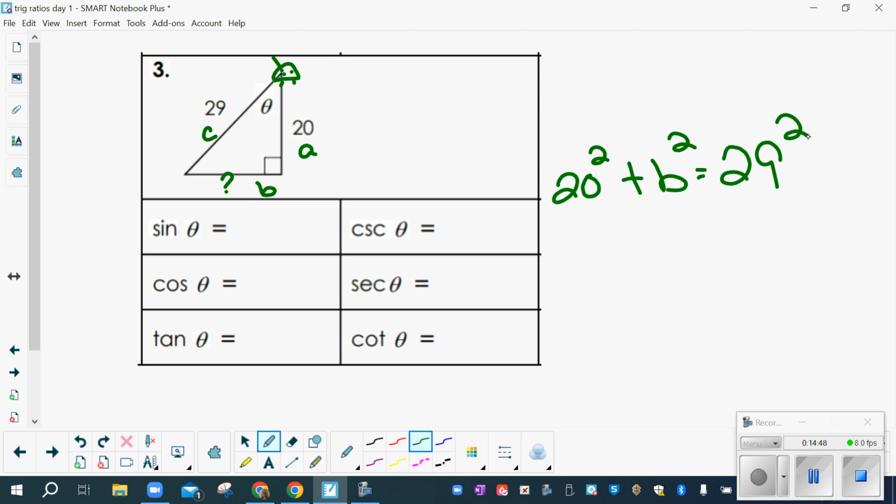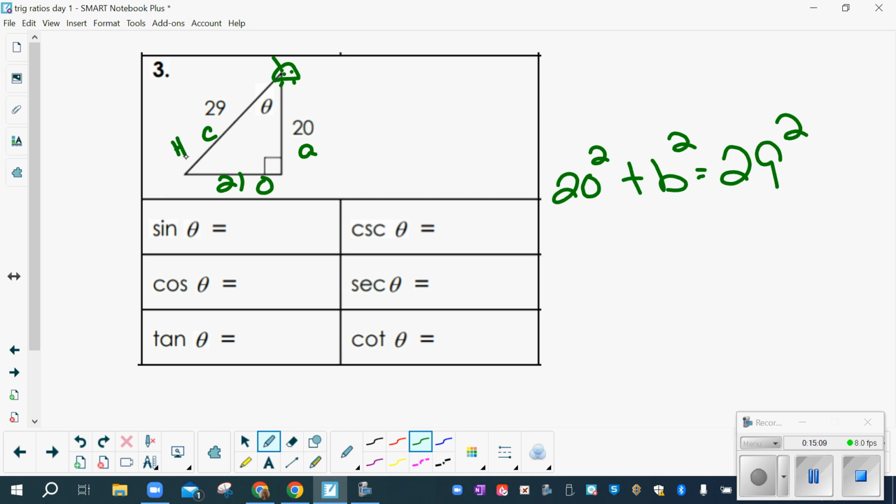Sarah, what'd you get, baby? You get 21? Oh, Sienna, how about you? What is 29 squared? 21. Hey, 21 goes here. So guess what? Draw opposite, adjacent. Look, it's already adjacent. And hypotenuse, fill in your chart for me.